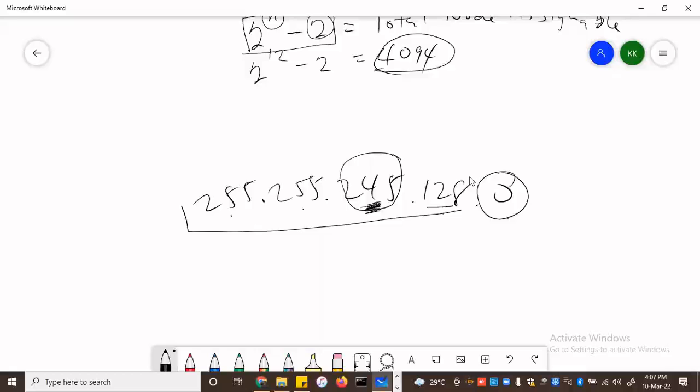You're supposed to have exhausted this before you move to this. So in actuality, your ideal scenario should have been, no, that's still wrong. This should have been the correct way. It should have been 255.255.128. We've exhausted this now. You cannot have 2 unexhausted octets within a subnet mask.